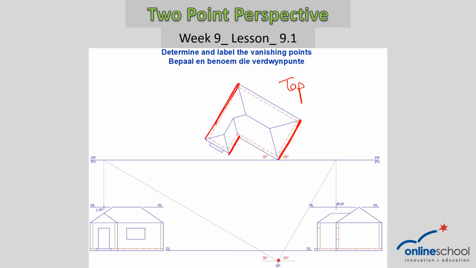Those are all 60 degrees. You will see this little tip of the roof here will also be 60 degrees, but we'll get to that part later. Just remember we're working now with 60 degrees from the standpoint, go straight up all the way to the picture plane, must hit the picture plane, and then vertically go straight down to the horizontal line, and that will give us the position for our right vanishing point.